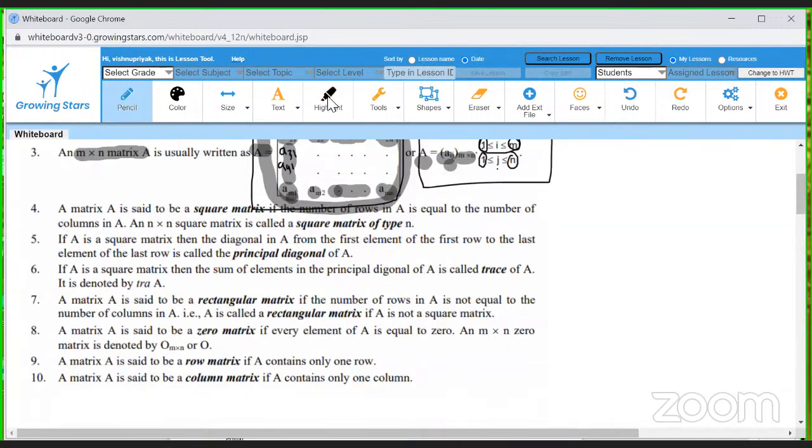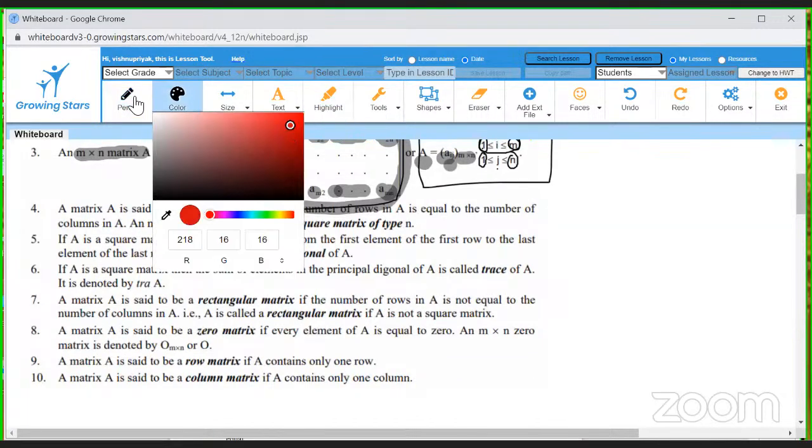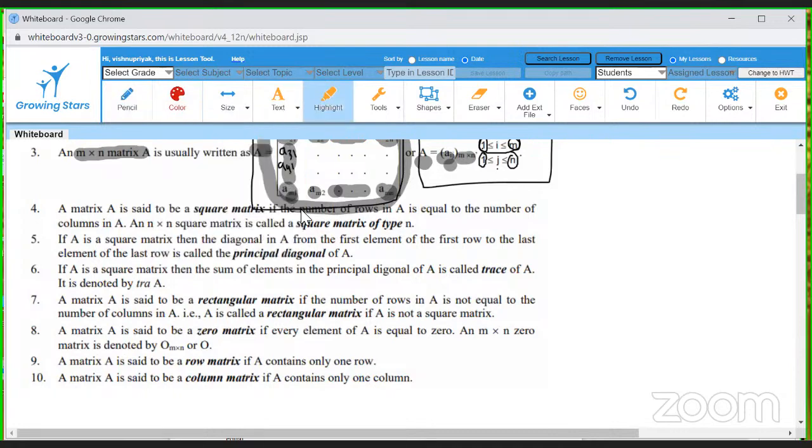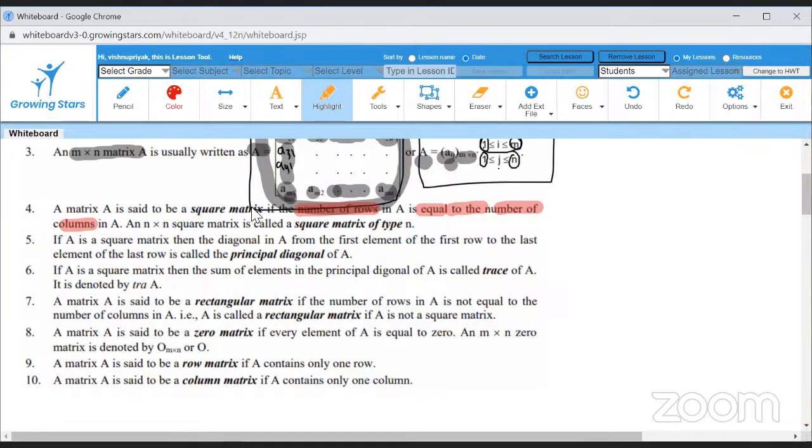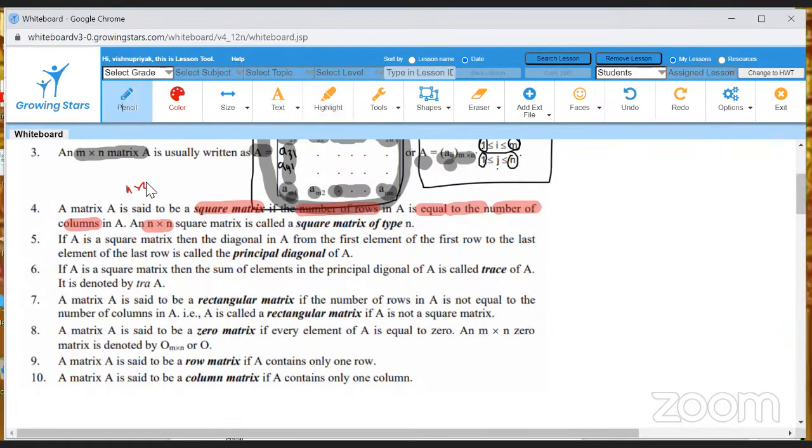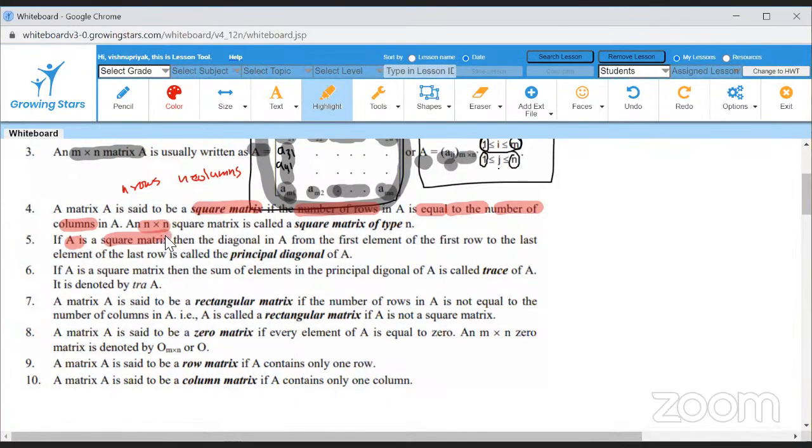If in a matrix the number of rows equals the number of columns, then that will be a square matrix. The order will be n by n because n rows, n columns. That is why n by n. Now, A is a square matrix.